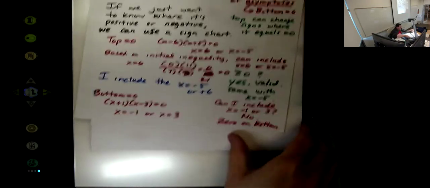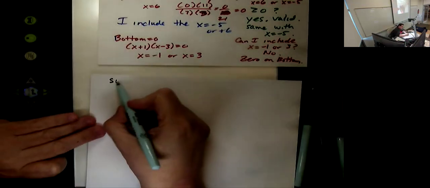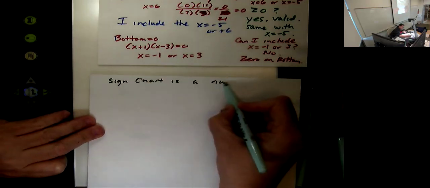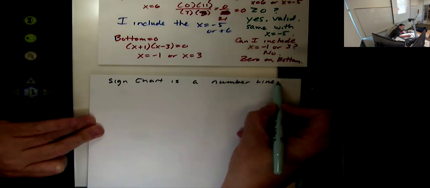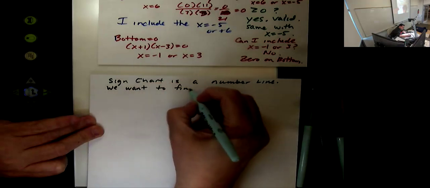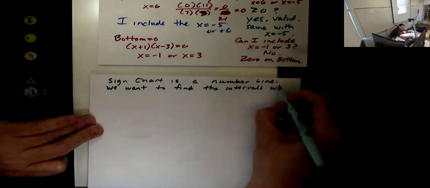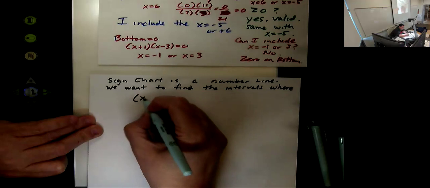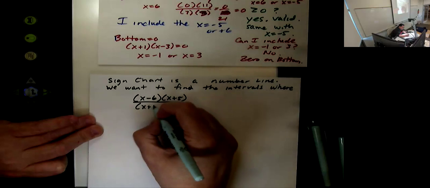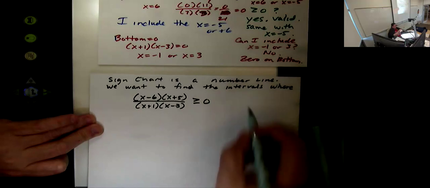So the sign chart uses a number line. And we want to find the intervals where, and I'll rewrite the inequality, x minus 6, x plus 5, all over x plus 1, x minus 3, is greater than or equal to 0.